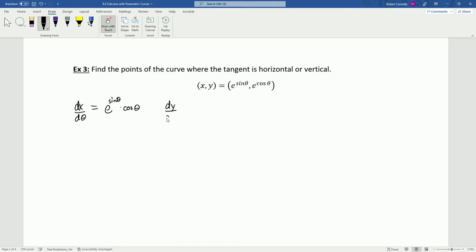And dy d theta is e to the cosine of theta times, now the derivative of cosine is negative sine. Okay, so there we go. So dy dx is going to be dy d theta divided by dx d theta.